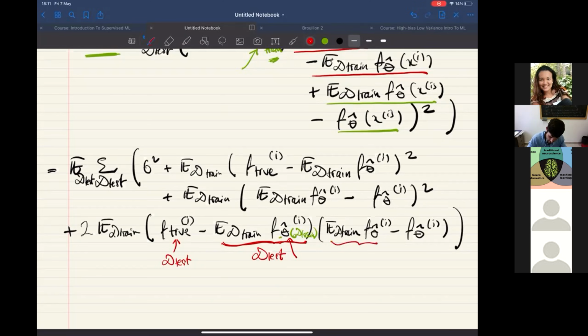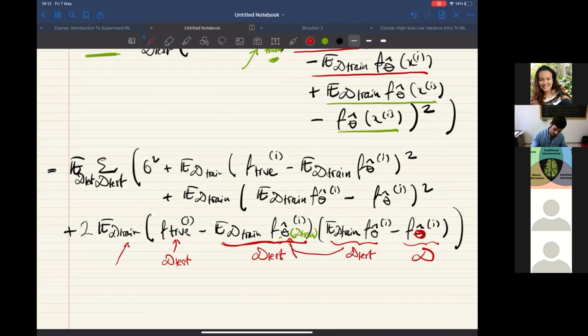Here is the same. This is just the same as this thing, so it only depends on the test data. And here is a function of what? Of the training data and the test data this time, so all D. Because you see, this one was not averaged over the training data. So here my parameters theta really depend on the training data that I consider, and the average is outside of this parenthesis, okay?